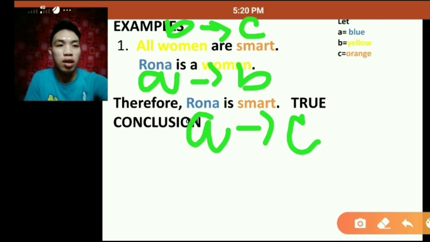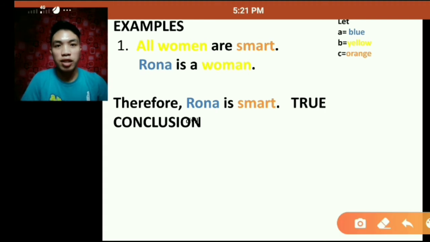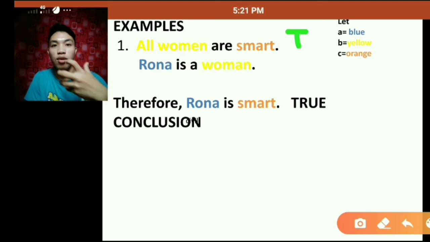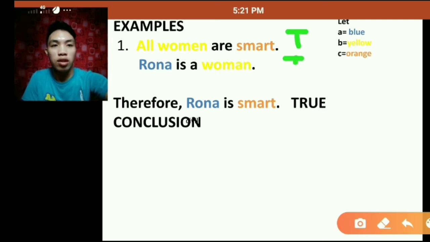What about the second criteria? Our statement is that all women are smart. This is a previous statement, so it can be true. Next, Rona is a woman. That is a statement based on what someone knows, so it is true.